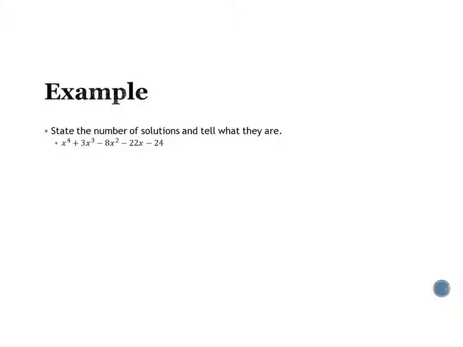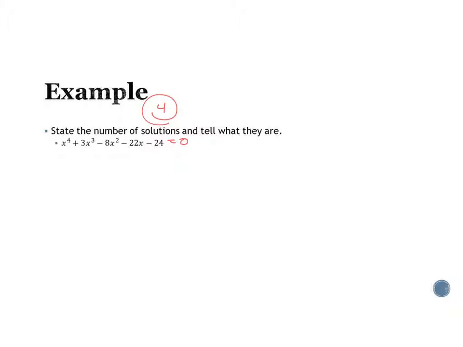So here we have x to the 4th plus 3x cubed minus 8x squared minus 22x minus 24, and I probably forgot the equals 0 part, equals 0. And so how many solutions, what are they? Well, it's going to look like we're looking for 4 solutions. Because it's 5 terms, we really can't factor. So we're going to use our rational zeros, our p's over q.